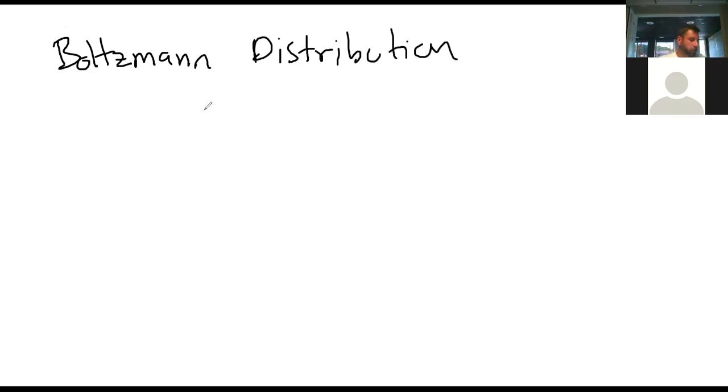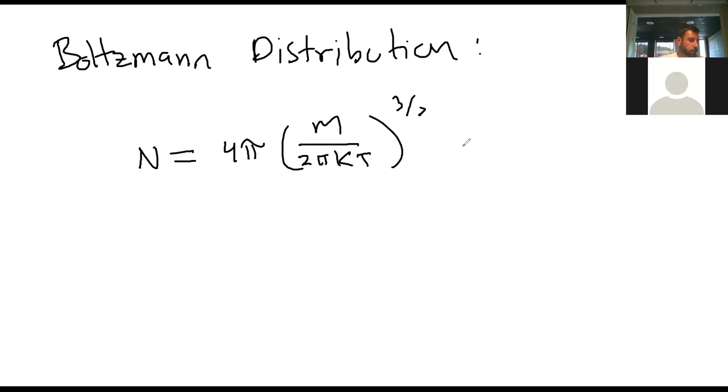But the Boltzmann distribution says the following. So let's take N, and we're going to tell you what these things are in a second. It has this scary creature, 4 pi. You're like, why is pi involved in here? And then m, which, as you'd think, is mass. And then this creature raised to the 3/2 power.